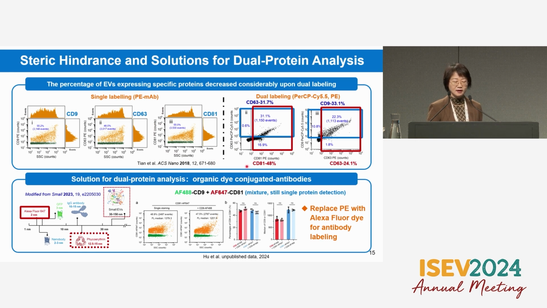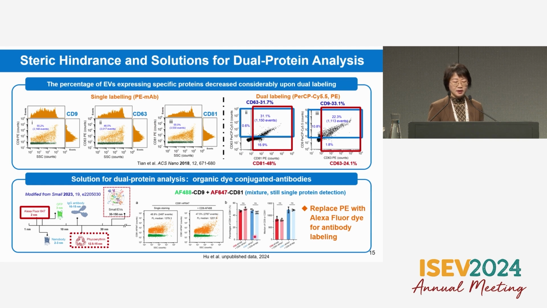And we can see here, if we use PerCP-Cy5 along with phycoerythrin to label the two proteins, when you do double labeling, you can see the percentage of specific protein positive EVs, the ratio, dropped.